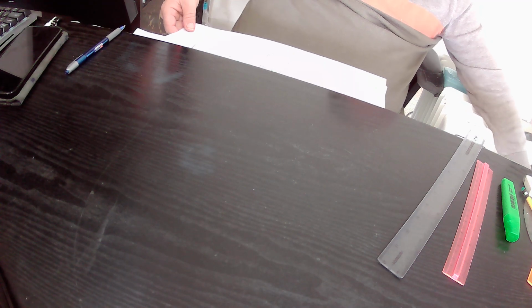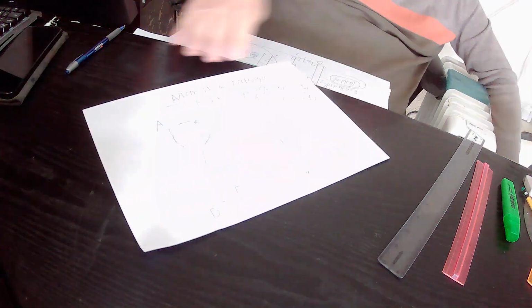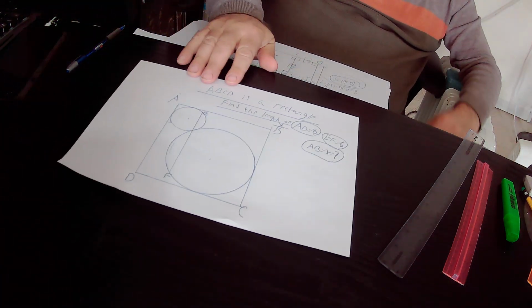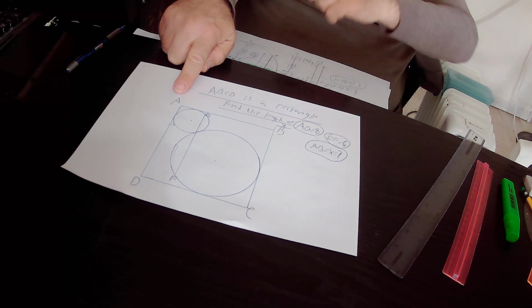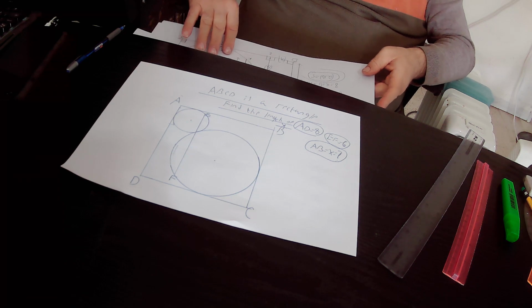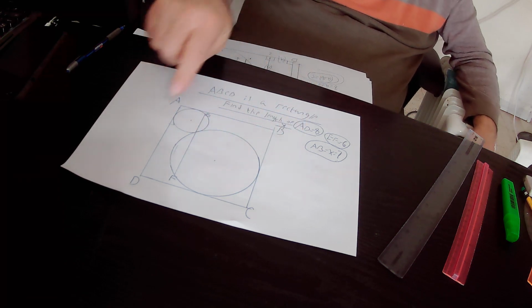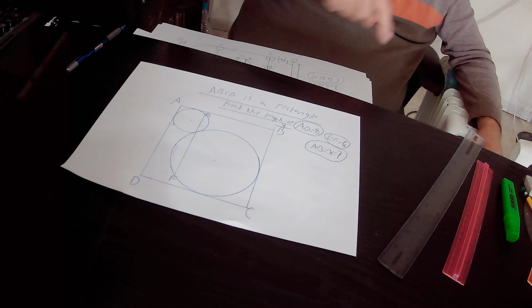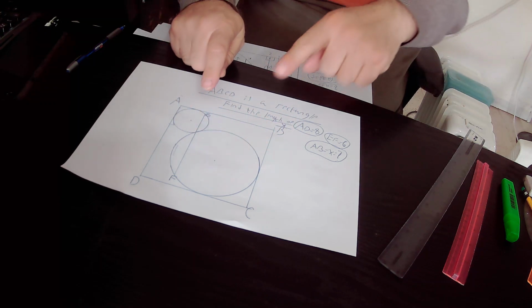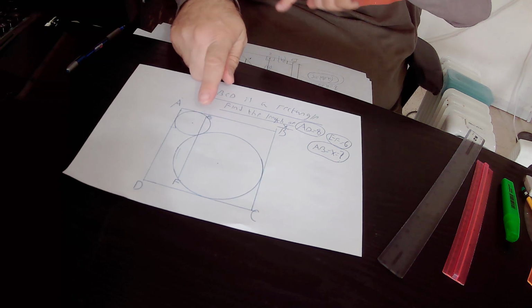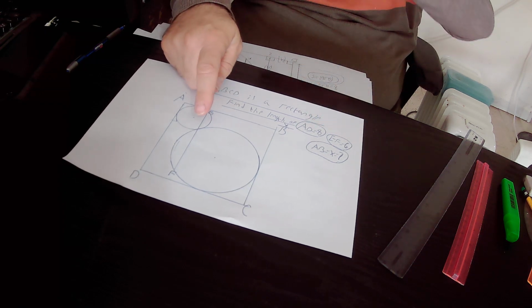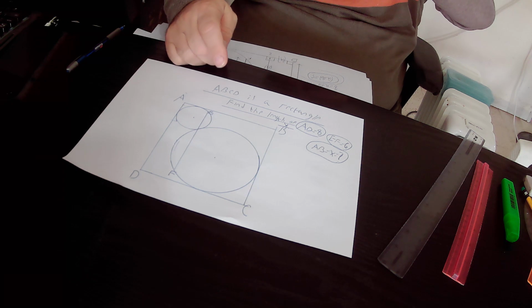So, in this lecture, we found out the length of this line segment AB, which is equal to x. In the drawing, we have a rectangle ABCD. Inside this rectangle, we have two circles that touch each other externally at this point.